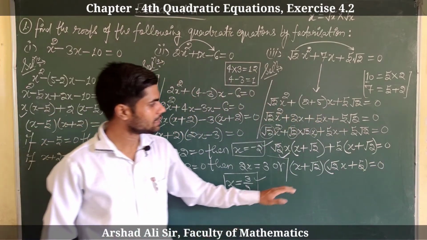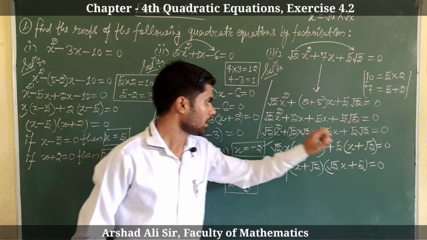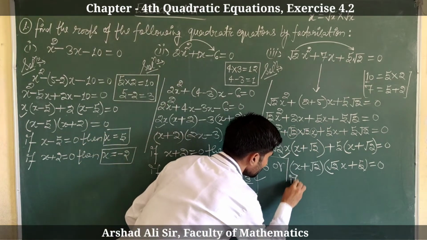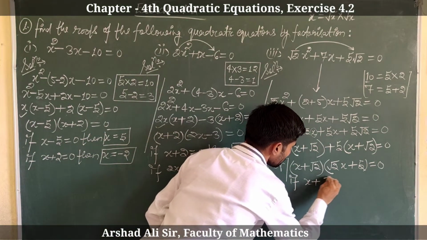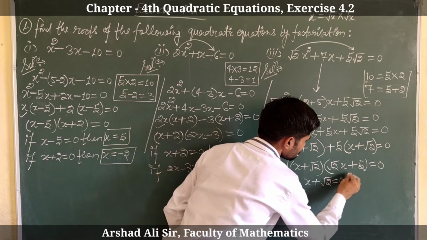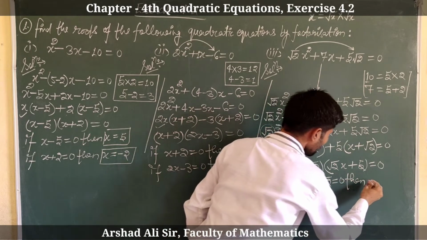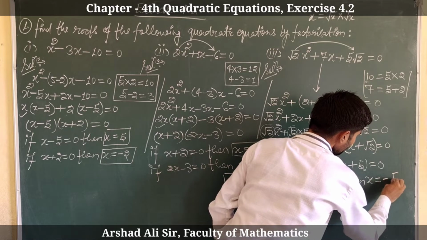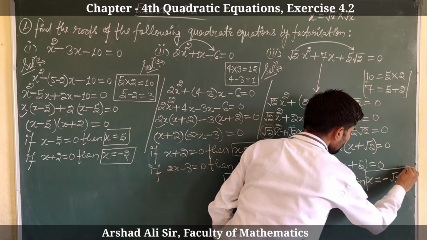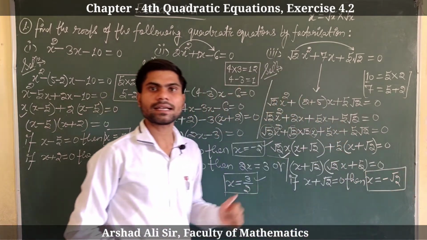Now we have these two linear factors, and if x plus root 2 is equal to 0, then we can put x is equal to minus root 2. This will be a root of the given quadratic equation.